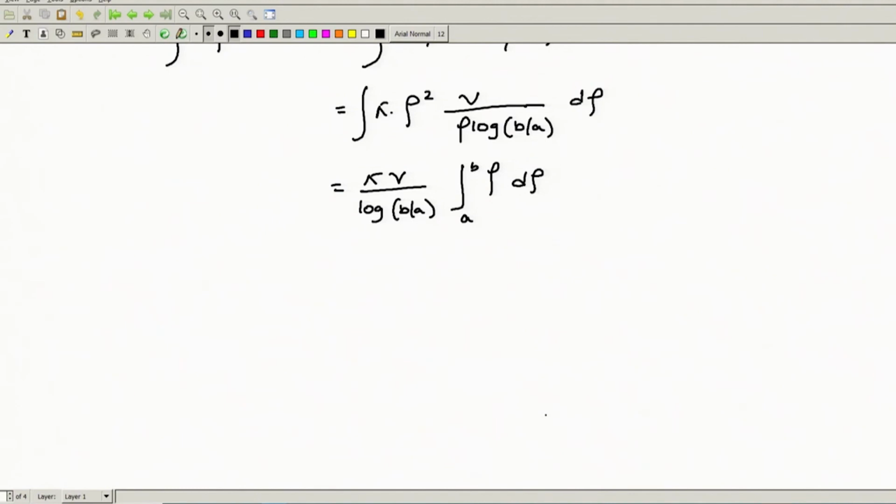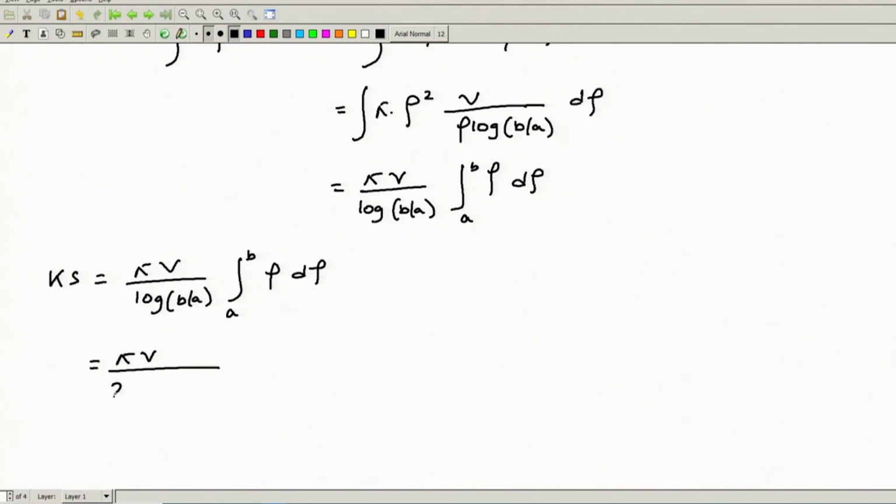So we can have Ks as pi V upon log of B by A times the integral from A to B of rho d rho, which will give us pi V upon 2 log B by A times B square minus A square.